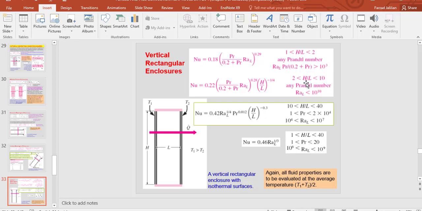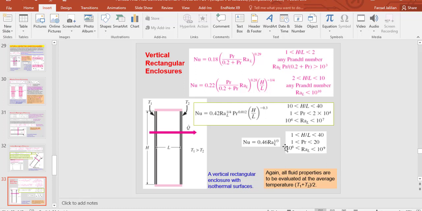If H over L is between 2 and 10, then you may use this equation to find the Nusselt number if the Rayleigh number is lower than 10 to the power 10. And you can use this equation when the aspect ratio is between 10 and 40, but again you should check the Prandtl and Rayleigh numbers for this enclosure.